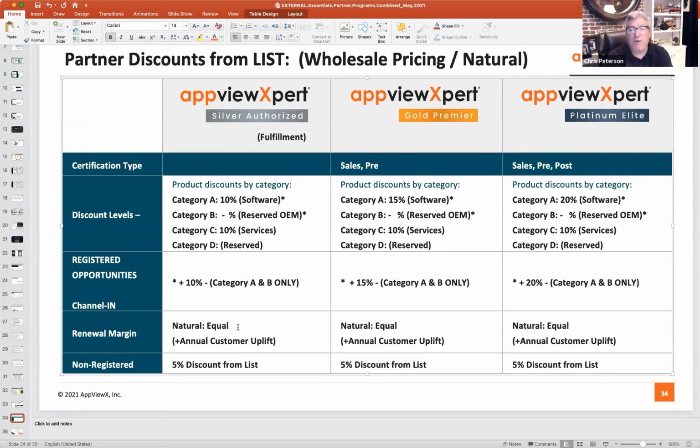So big opportunity because the renewal margins stay the same as the sale margin. And then how we protect you is any non-registered partner that would come into play would only be quoted at 5% off of list price. So a huge gap between the registered partner and any unregistered partner that may want to come into a deal after we've acquired the technical win.